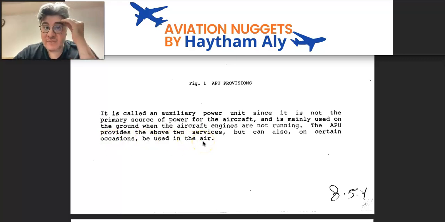What are these occasions, everybody? It is when all the main engine bleed is lost. The APU may take advantage in this scenario and be a second bleed source in flight. Maybe we also have the APU generator as an electric source in flight.